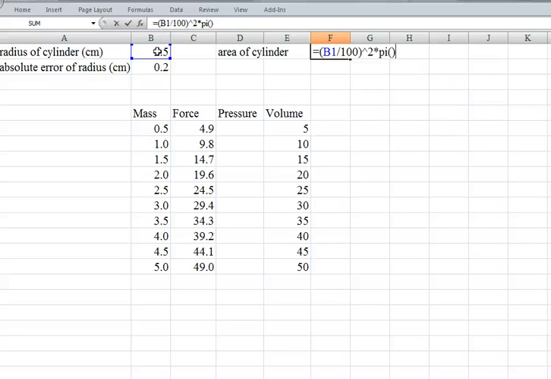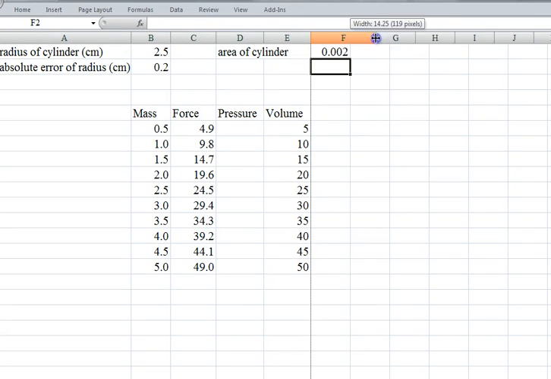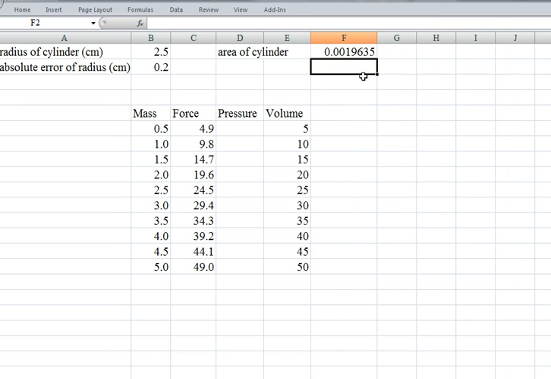And with pi, you put in an open and a closed parentheses to tell the computer that I just want the number. And there it is. And we probably want more accuracy than that, and so there we go. And that's going to be in meters squared. It's good to keep track of that.